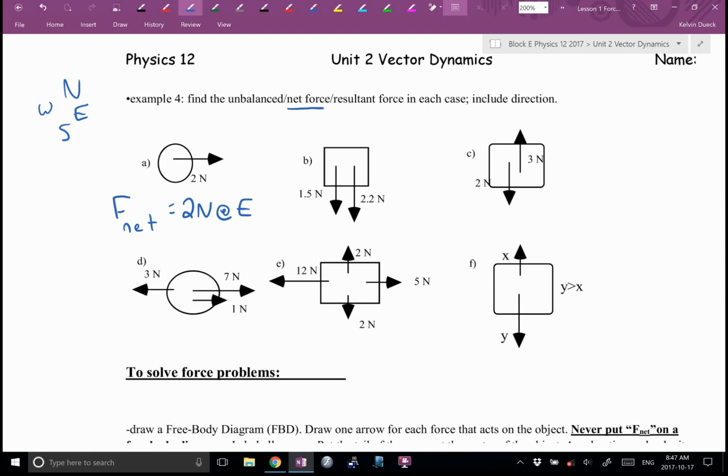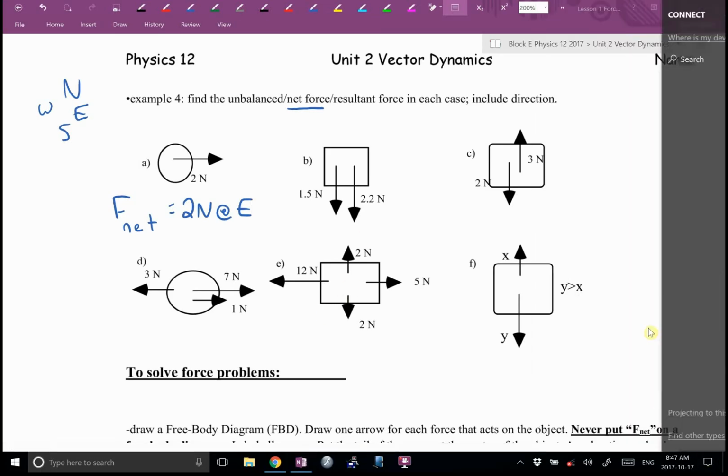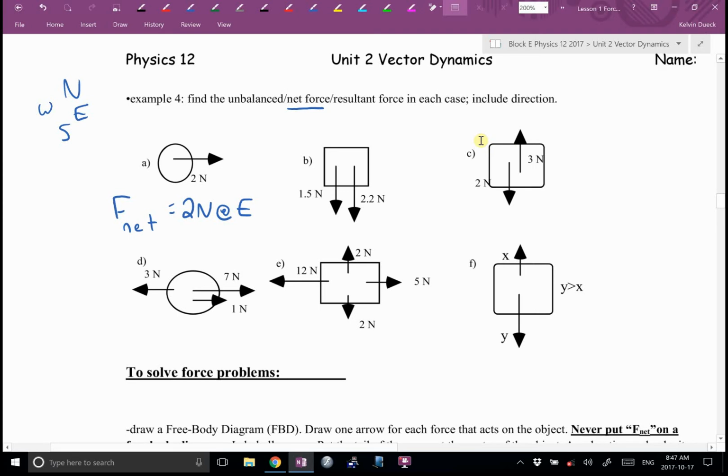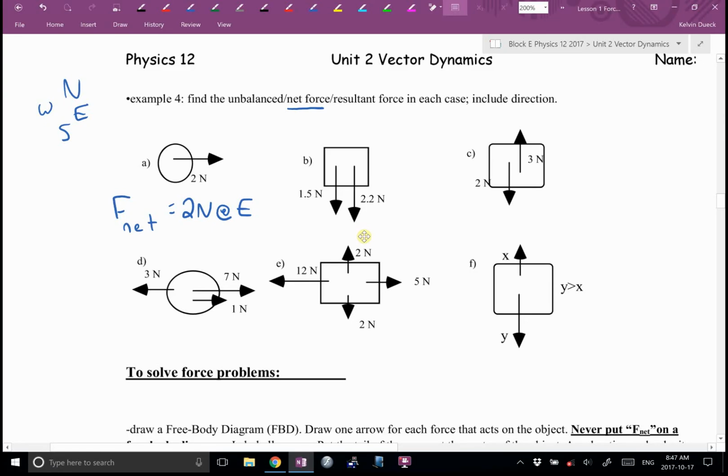What's the net force in B? Thank you. What's the net force in B? I may have to plug in here, but we'll see if I can go without because this has worked so well. 3 point, guys, quiet please, thank you. 3.7. F net would be 3.7 newtons, and the direction would be south.